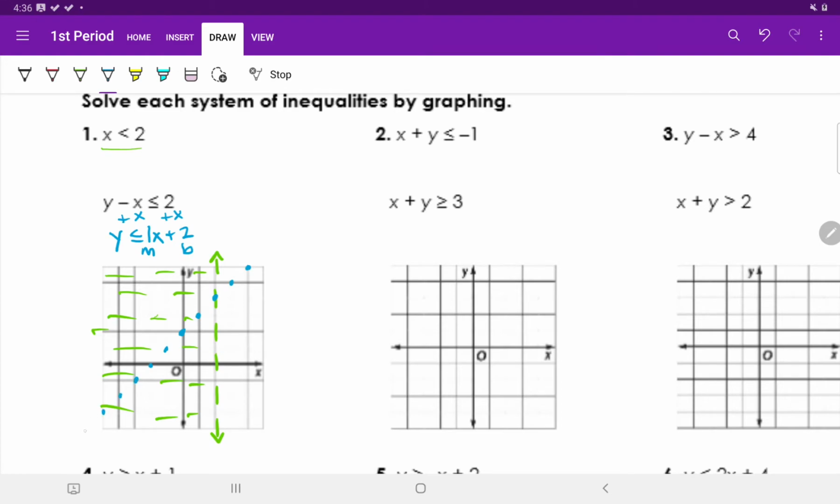And this one's going to be a solid line because our inequality has an equal to component. Now for shading, since it's a less than, we're going to shade below the blue line. Looking at our graph, we can erase any of the shading that only contains one color. We're looking for the region that is a solution to both.